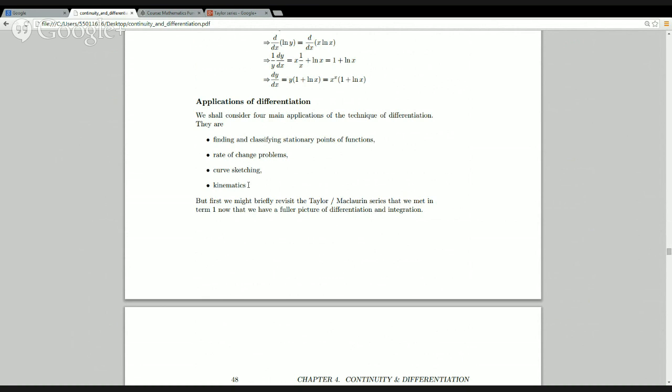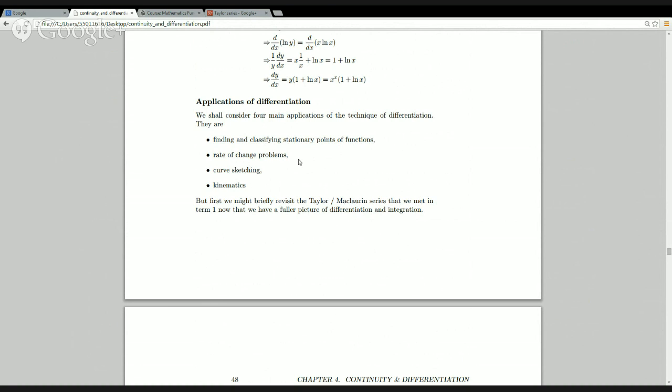Those 3 concepts are all linked by the concept of the derivative, because velocity is the derivative of position, the rate of change of position, and acceleration is the derivative of velocity. Acceleration is the rate of change of velocity. So understanding the derivative is key to solving problems in those areas.